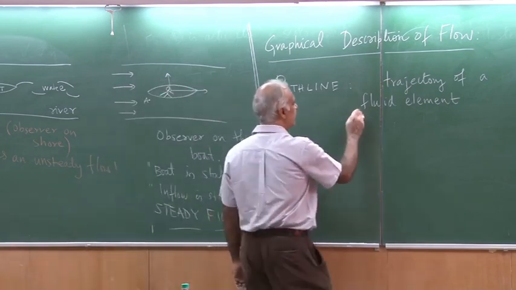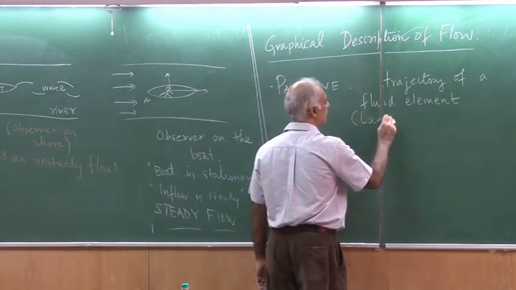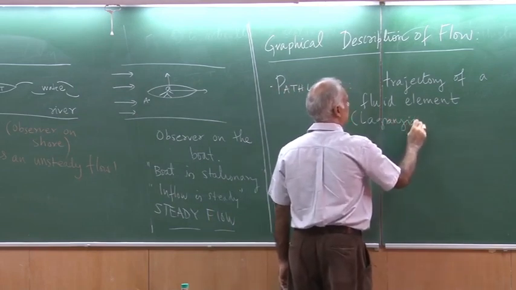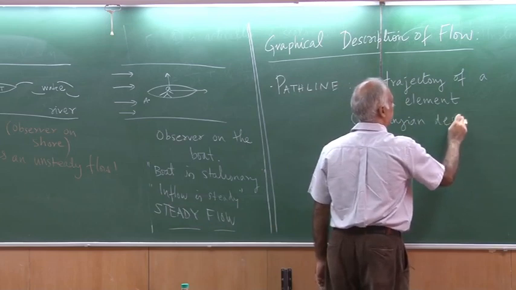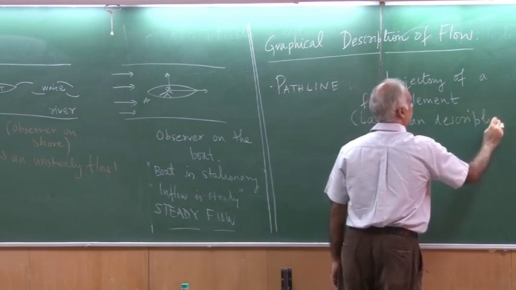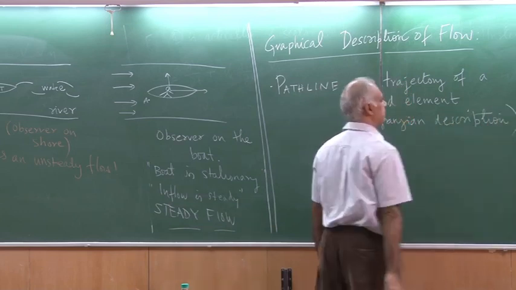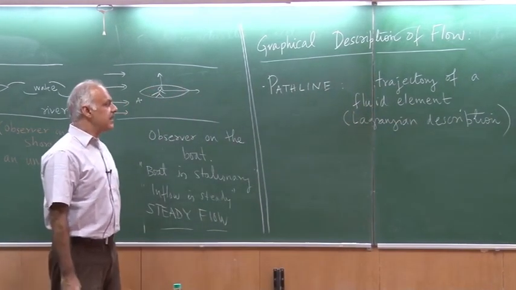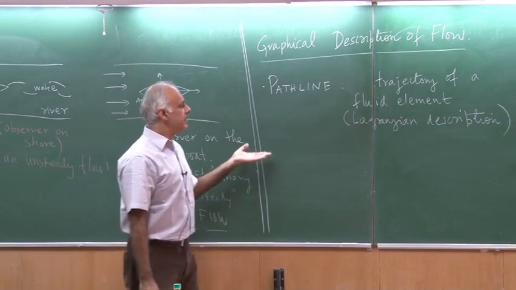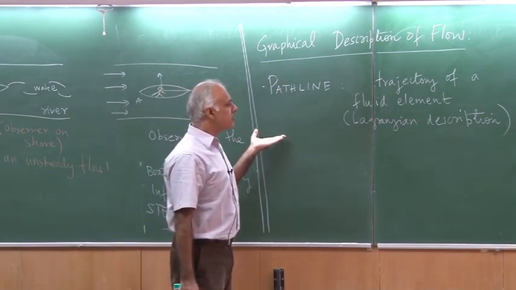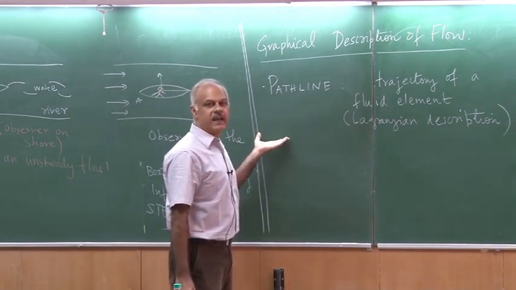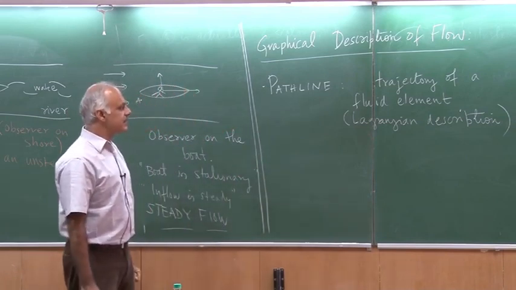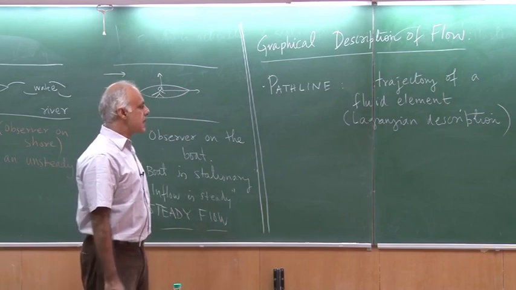You can see that this is actually very similar to a Lagrangian description. But as I said, this would not be so useful as far as fluid mechanics is concerned, because we are more interested in a Eulerian description.